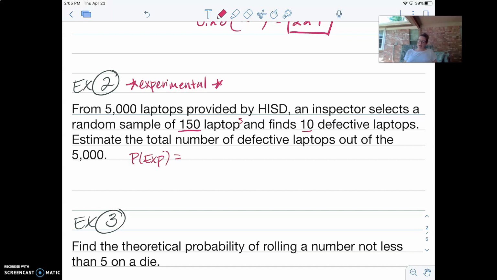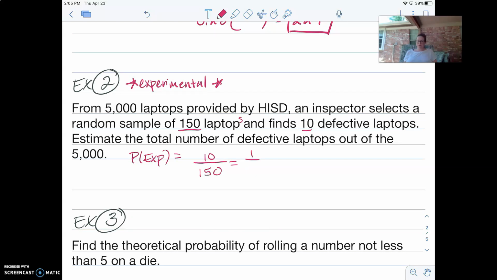The probability, in this survey where there were 150 laptops sampled, I found only 10 of them to be defective. So that would be 1 out of 15 as a fraction, which is approximately 0.67, which is approximately 67%. I'm going to use this, though.